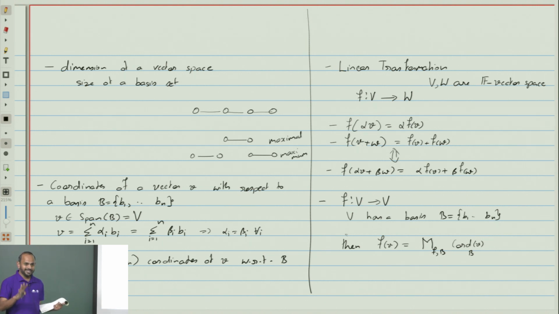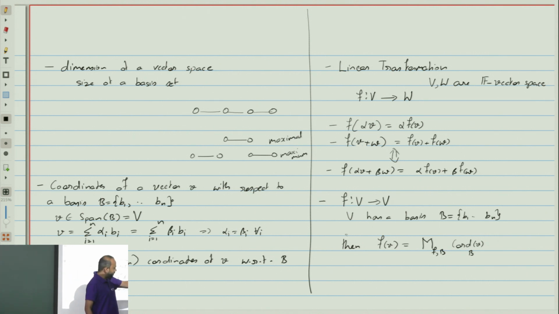And after you fix the basis, every linear transformation will become a matrix, a matrix of those coefficients. What that matrix is, again there is a nice structure to it. I will give a reference, you should definitely look at it. It is a very interesting matrix.